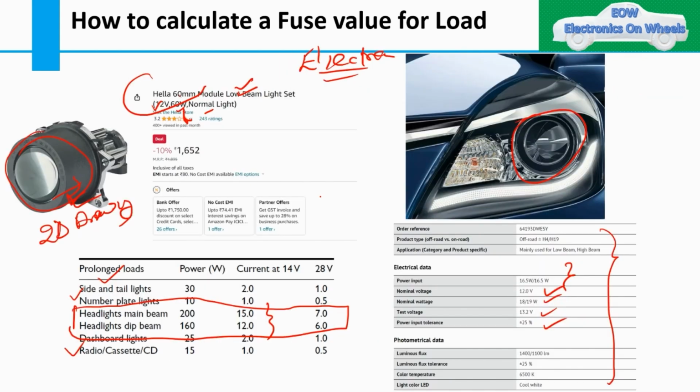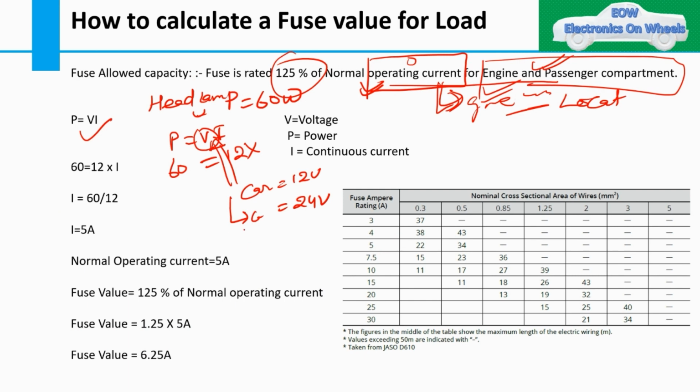I have shown you earlier the current at 14 volt and 28 volt. Suppose for a 200 watt headlamp main beam, at 14 volt it comes to 15 amps, but at 28 volt it comes to 7, just half of what you get at 14. Right now I am talking about the car.